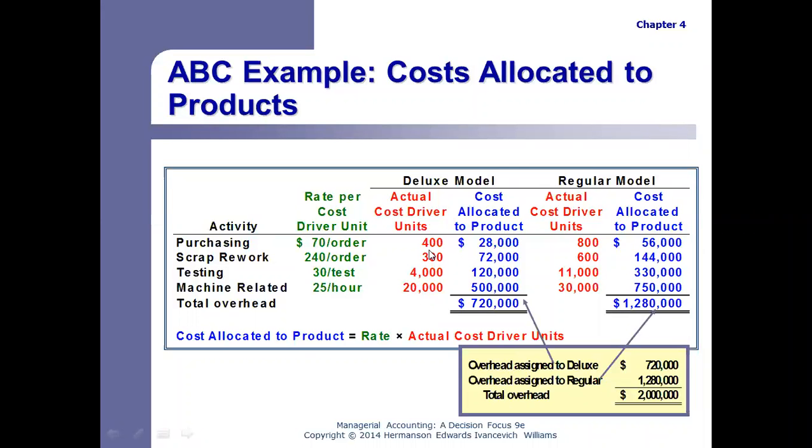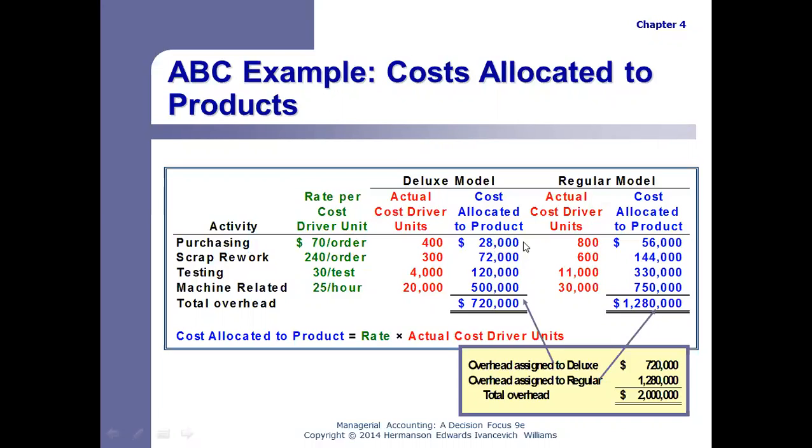Okay, so we get $70 for each purchase order. The deluxe model used 400 orders, total allocated of $28,000. The regular model had 800 orders at $70 an order, so that's $56,000.